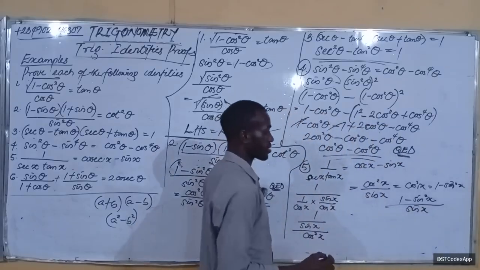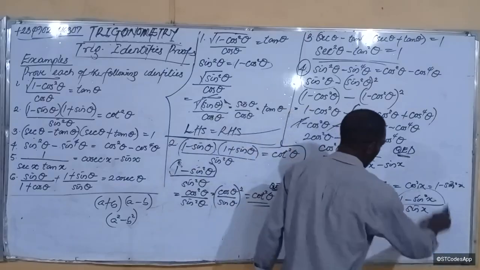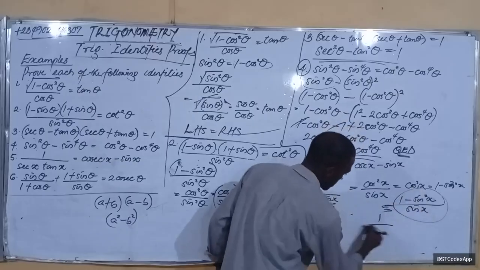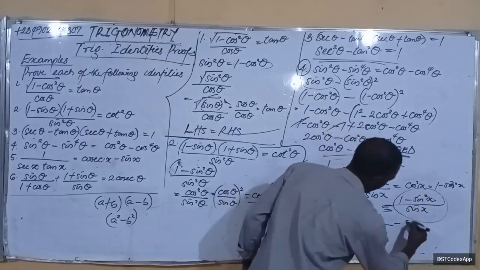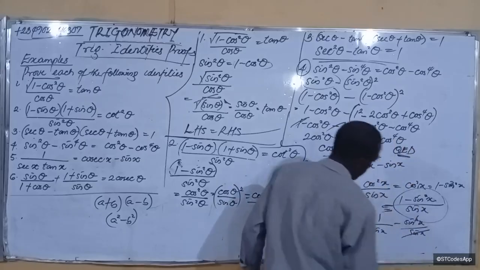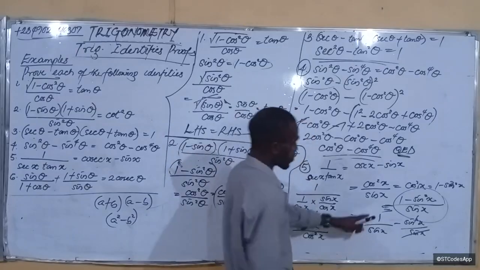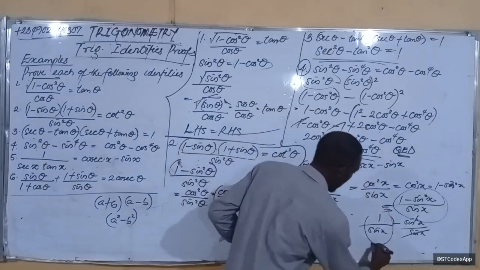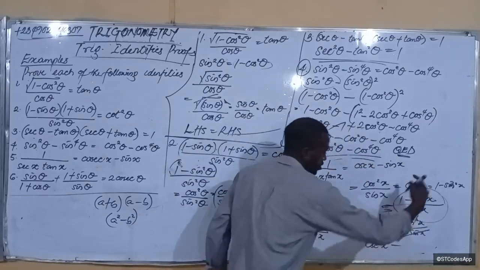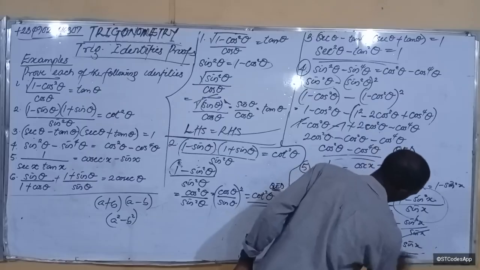So I can split this. It will become 1 over sine x minus sine squared x over sine x. 1 over sine x is cosec x minus, here cancel, it remains sine x.